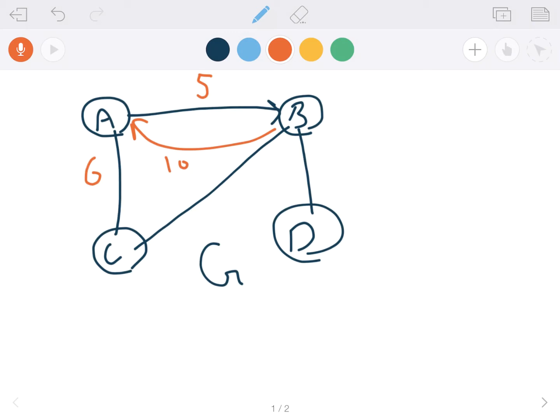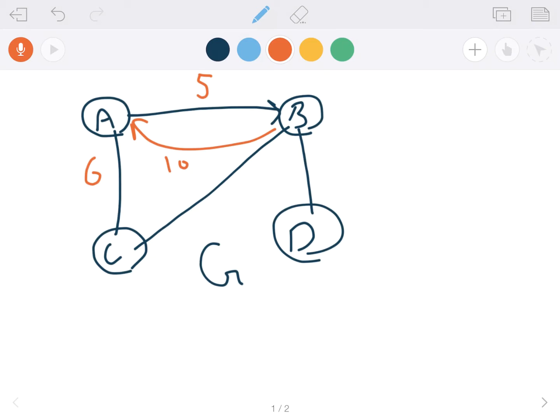Now let's define some concepts regarding graphs. So the first thing that we are going to learn is a path. So assume that we are going to go from vertex A to vertex D, or traveling from node A to node D. So we call this a path.